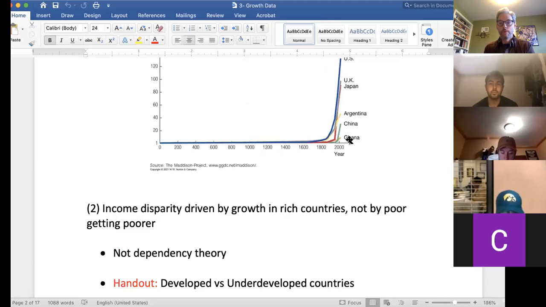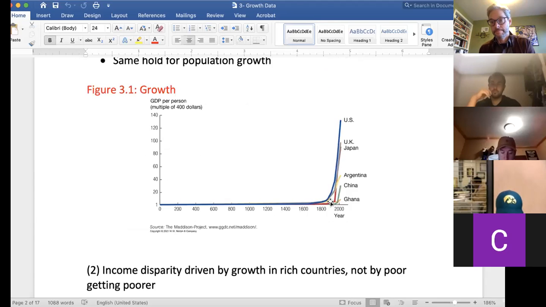It's not like poor countries have gotten poorer at the same time rich countries have gotten richer. What's happened is that rich countries have gotten richer and poor countries just haven't developed, okay? Or developed very little.